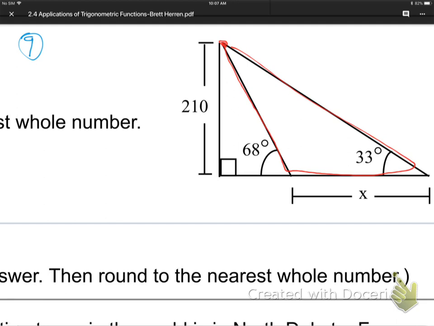So I can't directly go after that little triangle, because all the SOHCAHTOA stuff that we use has to have a right triangle, doesn't it? It all comes from a right triangle. So you can only use SOHCAHTOA with a right triangle. So what am I going to do then? Cosine of 33 degrees.